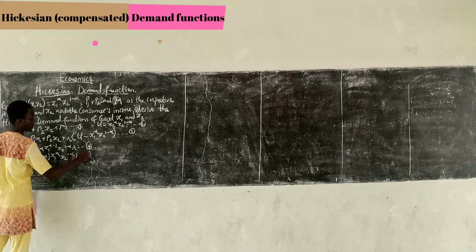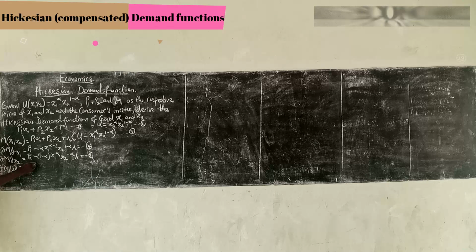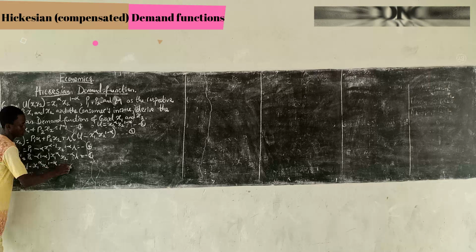This is equation 5. Then equation 6, the partial derivative with respect to lambda, will give us u minus x1 alpha, x2 1 minus alpha, which is equation 6.